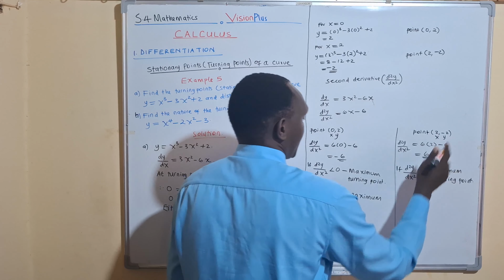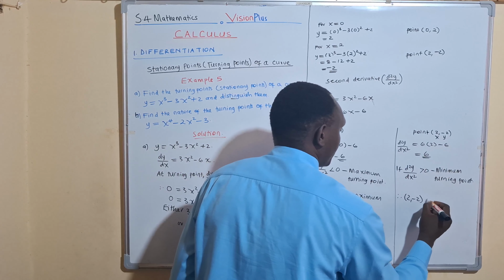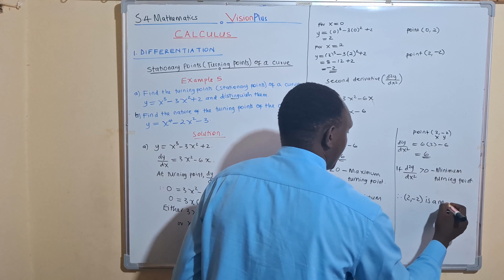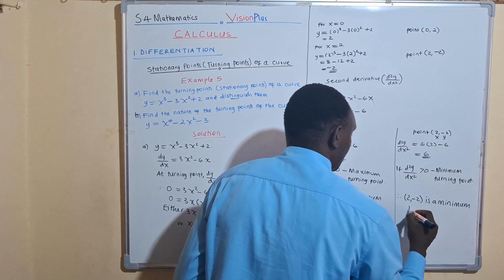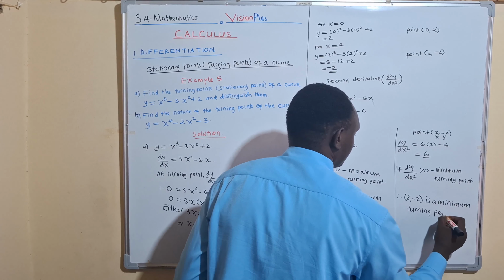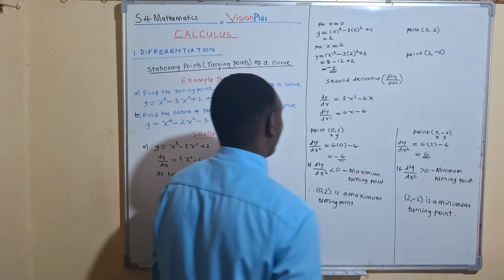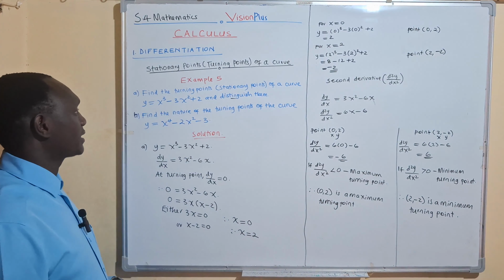It implies that the point 2 and negative 2 is a minimum turning point. Okay, therefore that is the solution to example 5.